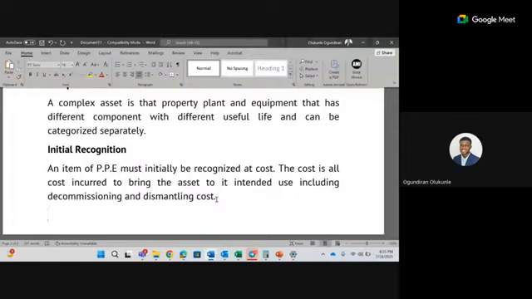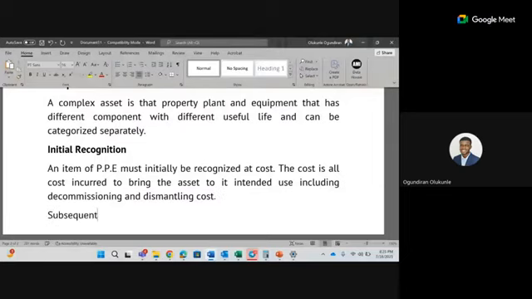So training and all of that do not form part of the cost of the asset. Does it make sense to you? But again, don't forget that the cost of an asset is all cost incurred to bring the asset to its intended use, including the commissioning and dismantling cost.